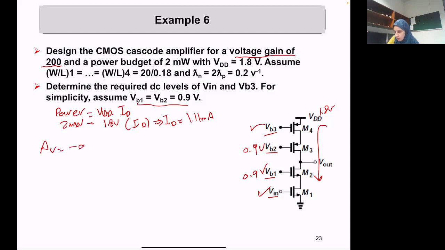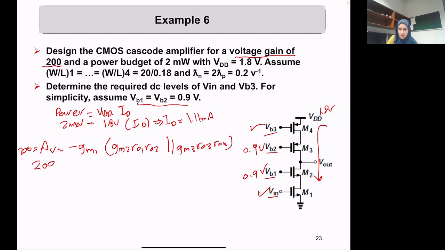So AV equals minus GM1 times the R out, is equal to GM2, and this is equal to 200.